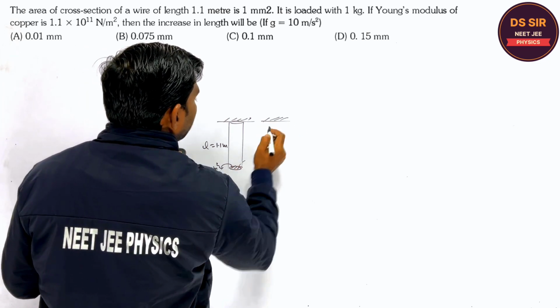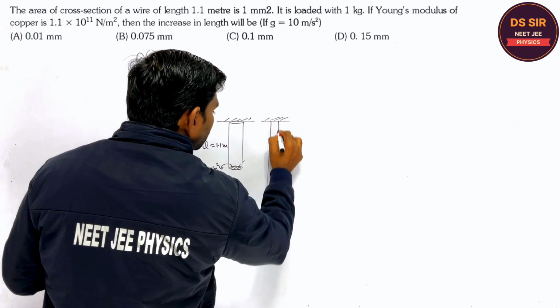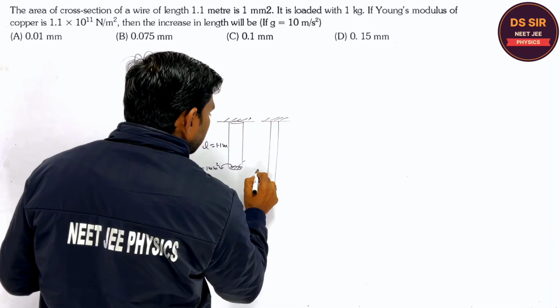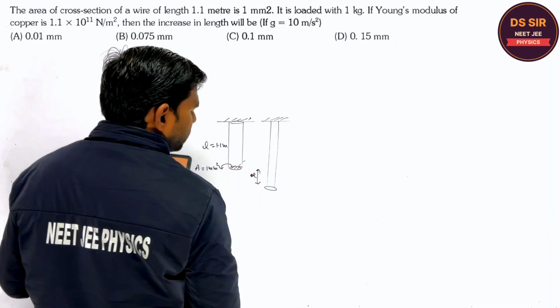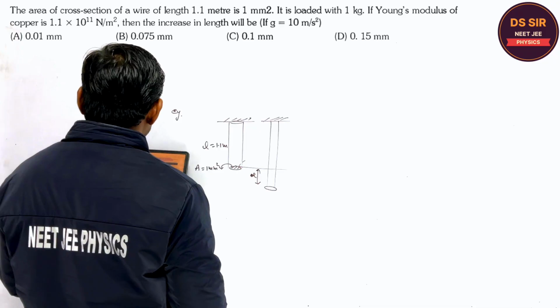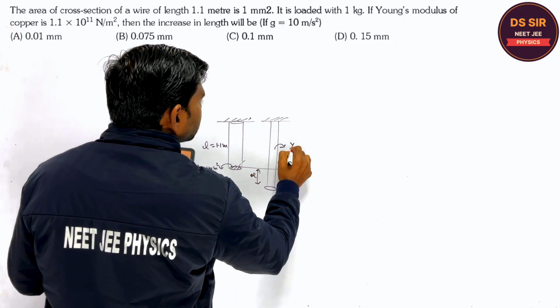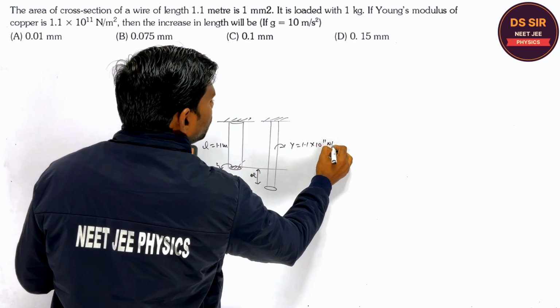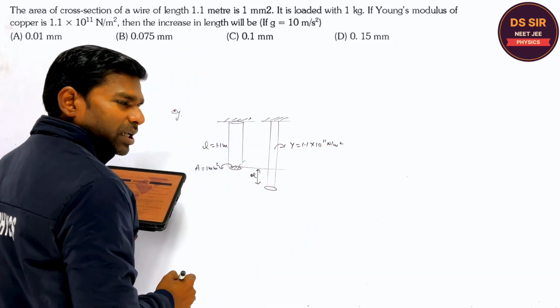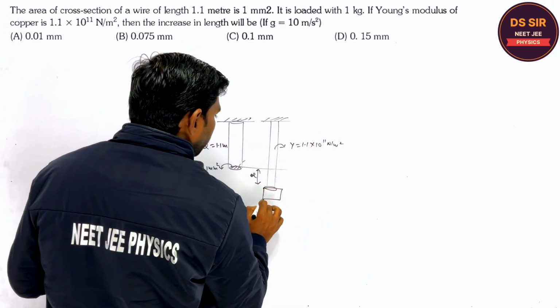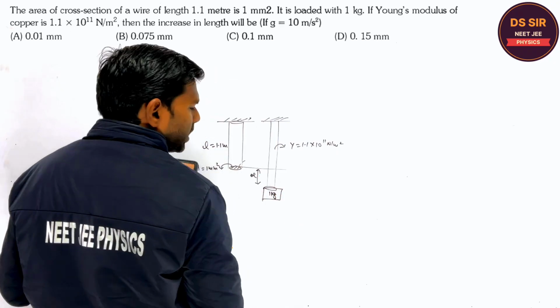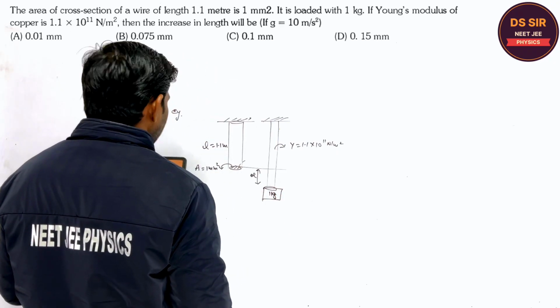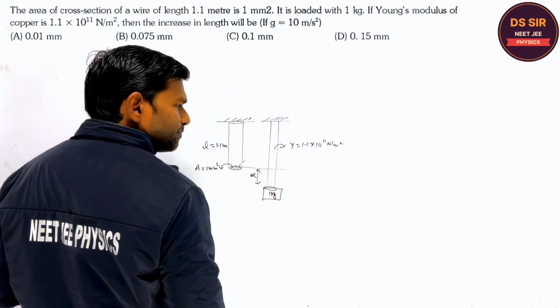If this wire is loaded with 1 kg, what will happen? Its length will be increased, so delta L is the increase, and the Young modulus of this copper wire is 1.1 into 10 to the power 11 Newton per meter square. Is it clear or not? And it is loaded by 1 kg. So the increase in the length we have to find.